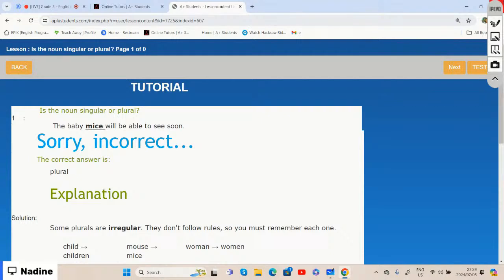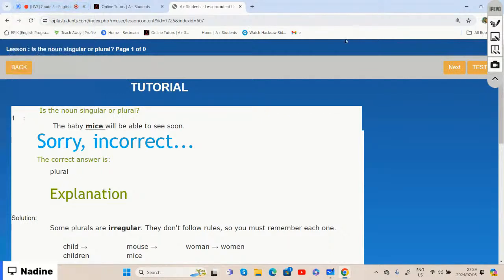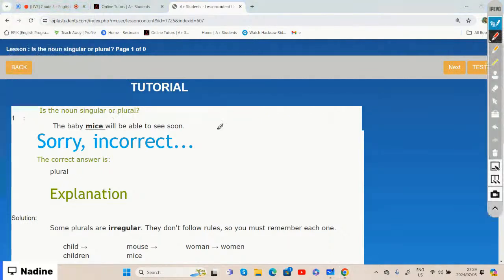If we were to identify if that noun is singular or plural, then we would say mice is plural. Well done, plural is correct because the singular form of mice is mouse.